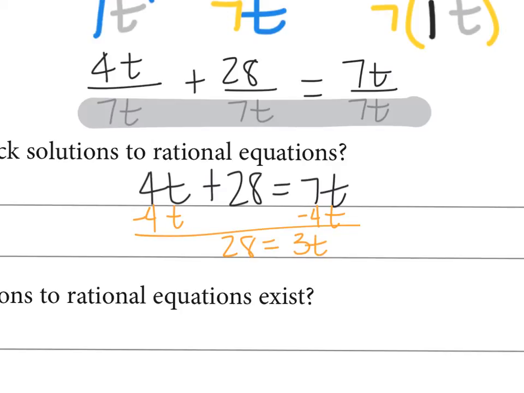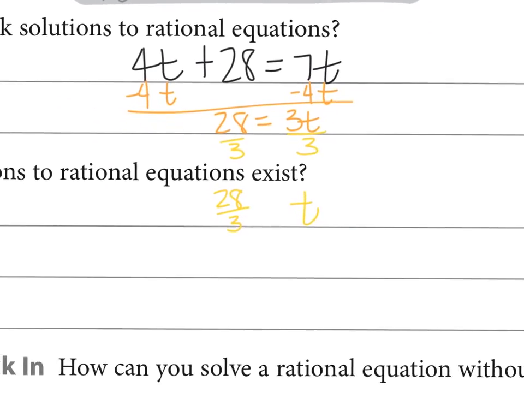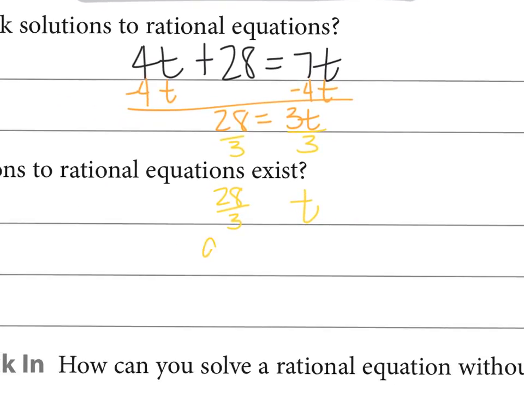To get T completely alone, I divide by 3, and I get that the time it's going to take Laura to clean the entire tank is 28 over 3 hours, which is 9 1/3 hours. Well, a third of an hour is 20 minutes. So it's going to take her 9 hours and 20 minutes to clean the tank. So that's the time that we have come up with.